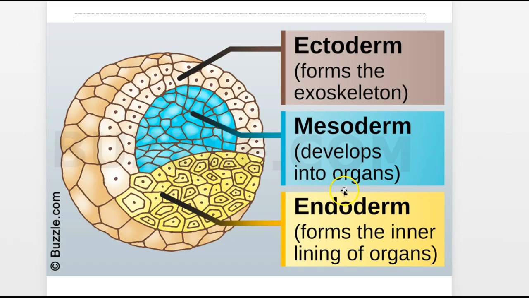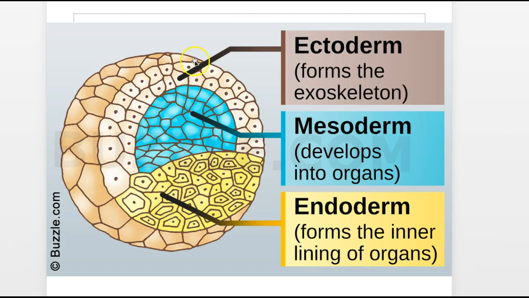So here's a picture showing you the three germ layers. The germ layers started off as a ball of cells that are not that differentiated, but they already have a certain position within the ball of cells, right? You see here, there's this part of the cell, this part, and then the outer part, and all of those, with the specific position, eventually are going to turn into a certain part of your body.